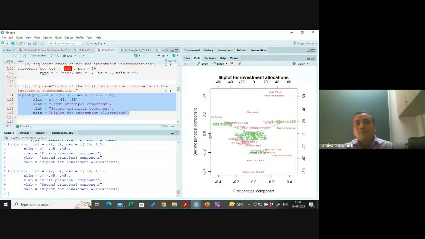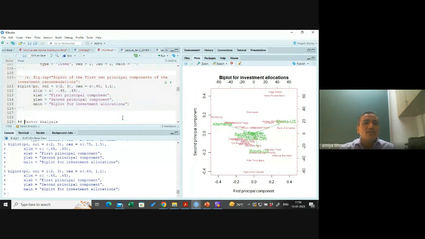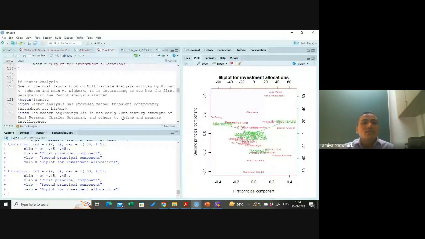That solely depends on how much loading it is getting. So in the first principal component, the loadings for stock US and alternative are very high, whereas these are very small. And US stock loading is positive, and alternative investment strategies loading is negative, but it is significant. Okay, I think I could make sense out of it.